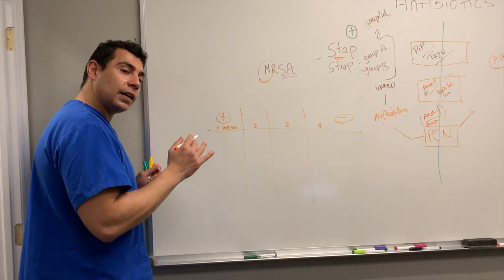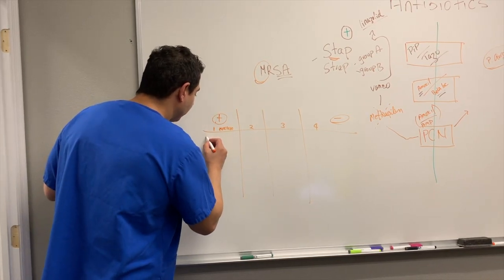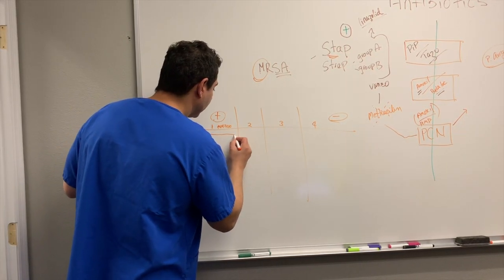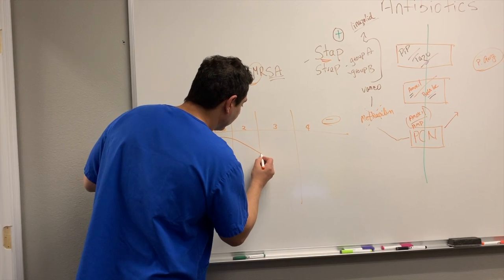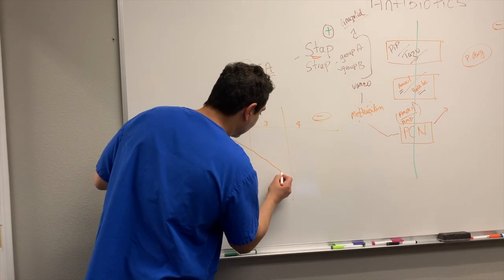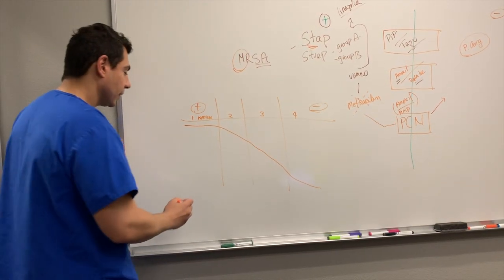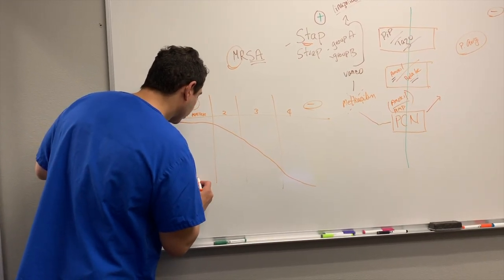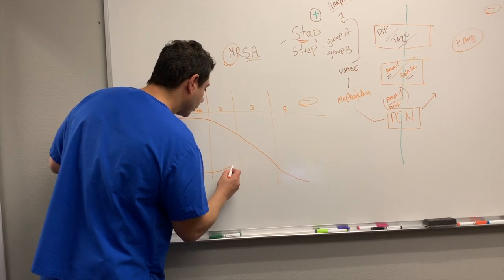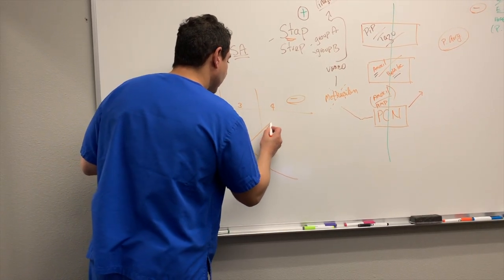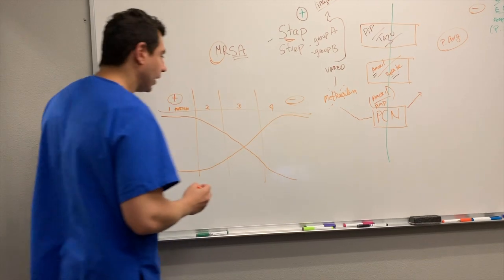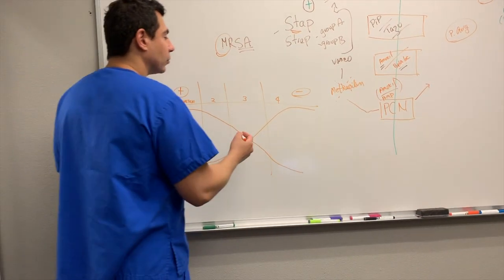So the way it works is this. You start off the graph at a very high level, and then as you go to your second, third generation, less and less coverage. Fourth generation, very little coverage. And the opposite is true for gram negative coverage: in the first generation it's weak, and then as you hit the fourth generation, it's a lot higher.